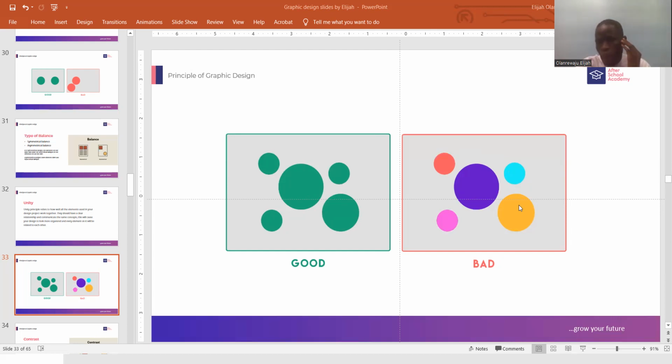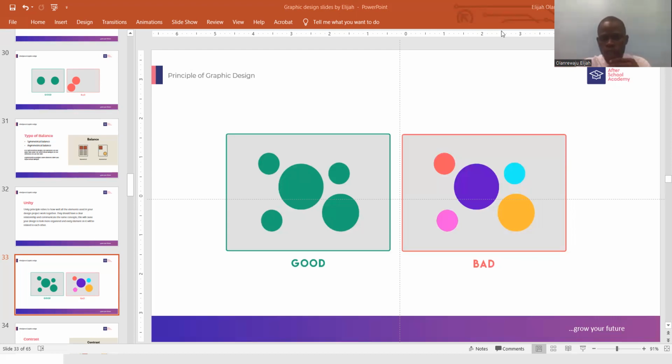Even though the colors may be many, the color blending should work. They must blend together. Even if you have different colors, they must blend together. You understand my point now? That is when you can say, okay, you have achieved unity in your design.